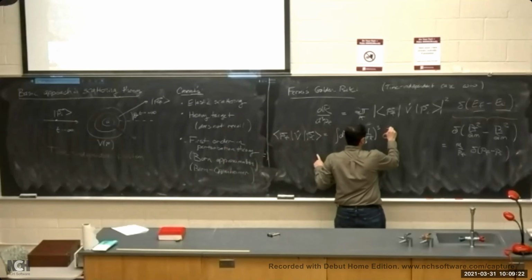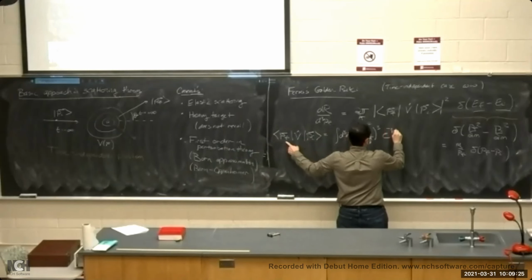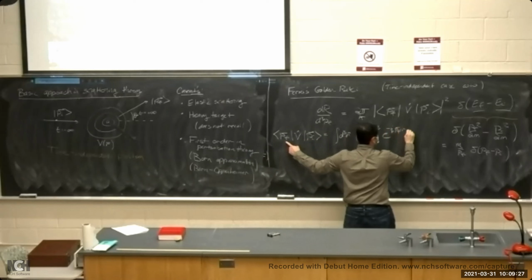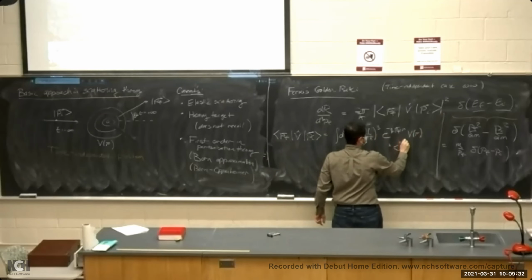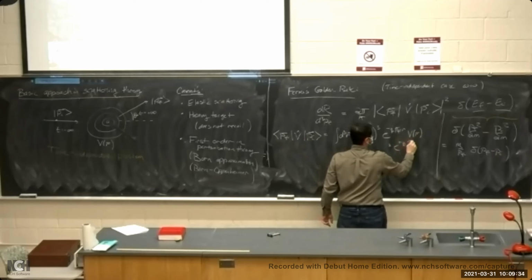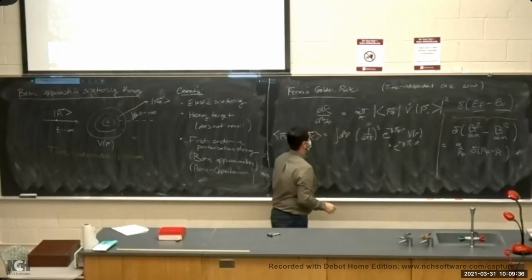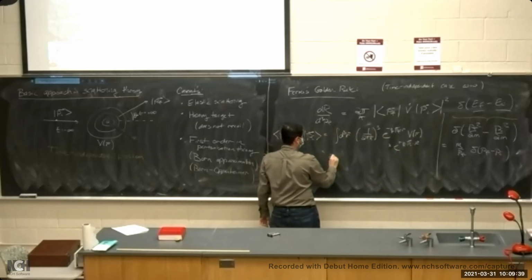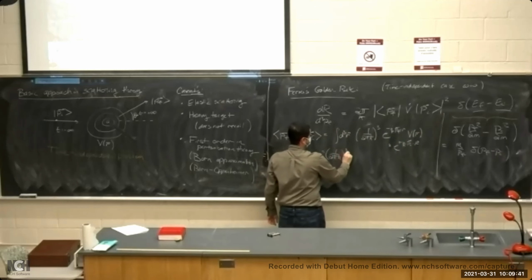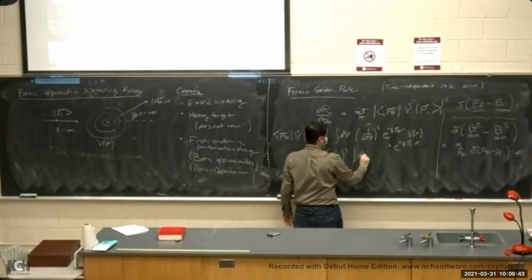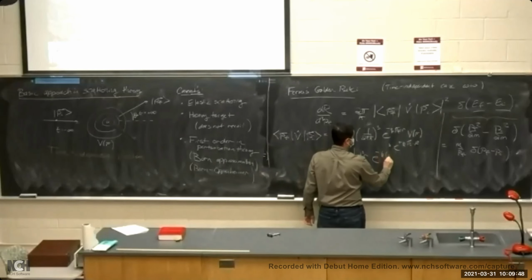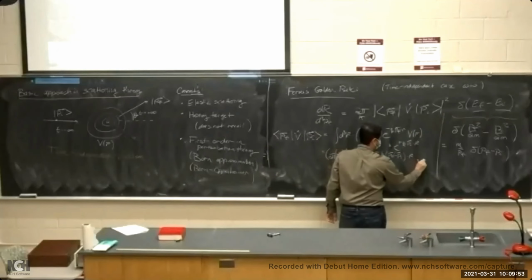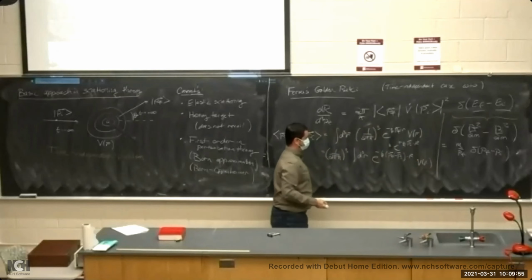I have e to the minus i over h bar p final dot r, V of r, e to the plus i over h bar p initial dot r. So I pull out some constants, 1 over 2 pi h bar cubed, and I get integral d3r e to the minus i over h bar p final minus p initial dot r times the potential, V of r.